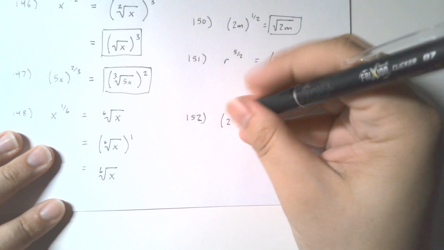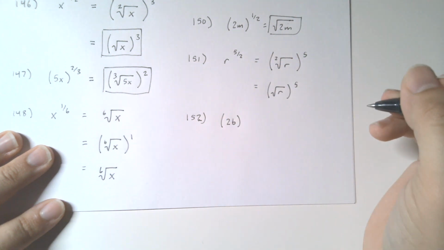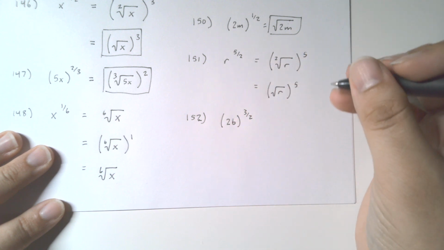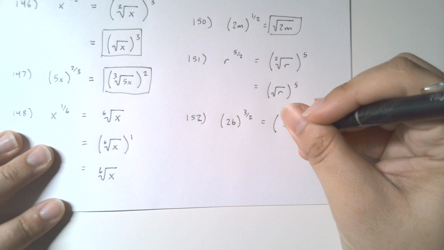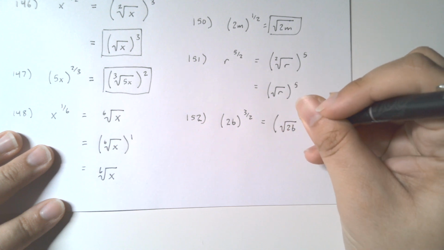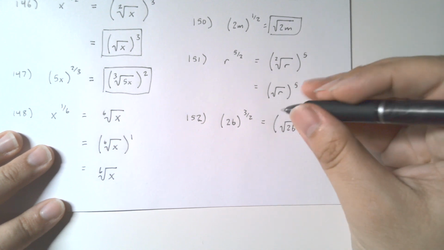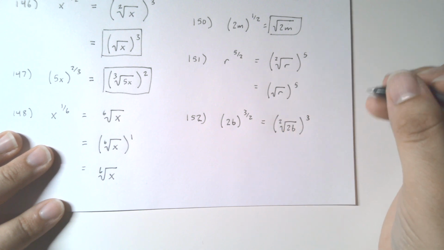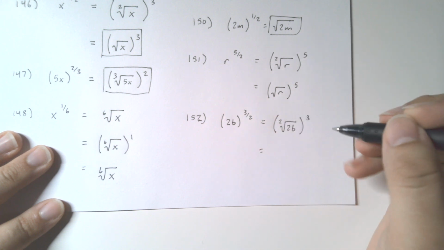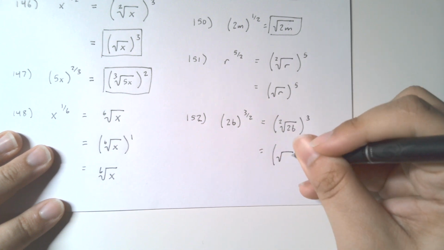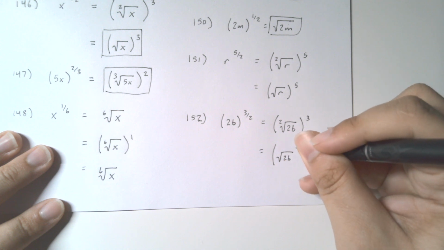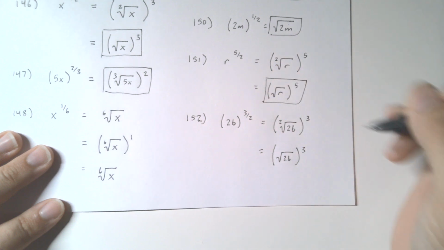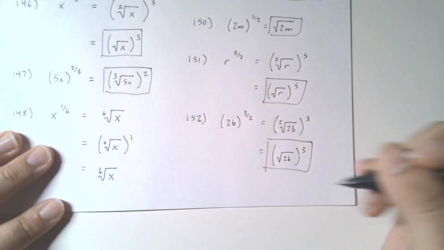Maybe I'll change it. I guess that looks better. Anyways, to the power of 3 over 2, we can rewrite this as root 2b. Bottom number is your index, so we have a 2, and top number is your exponent. And of course, we don't need that 2 there, so that's really just the square root of 2b to the power of 3. So here, this was your final answer, and over here, this is your final answer.